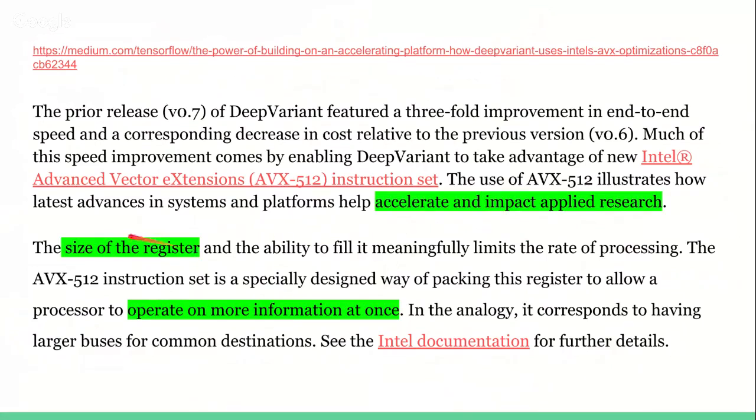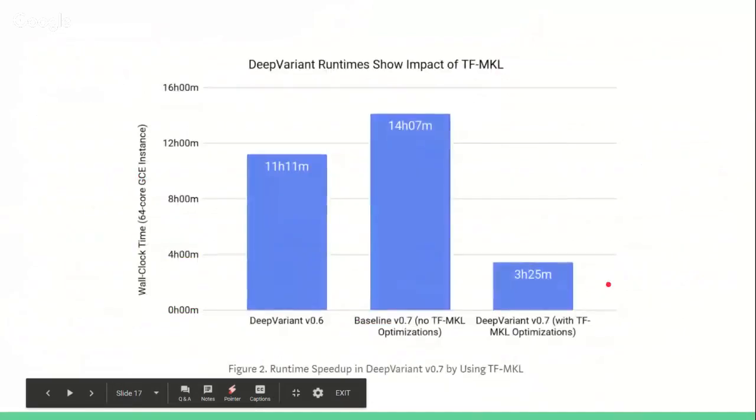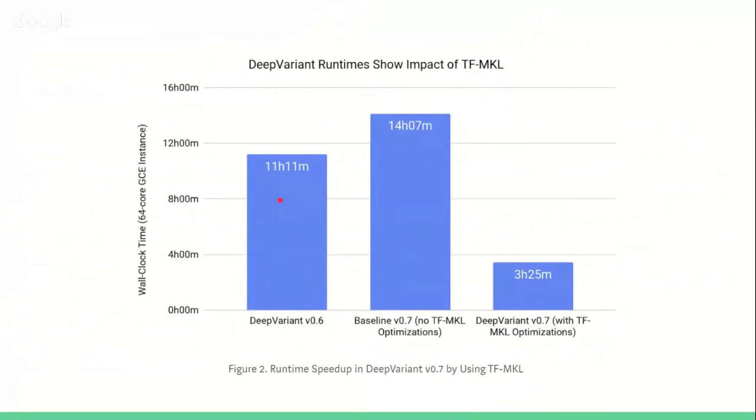They say that the size of the register is important for the acceleration, and that because of the size of the register and the way it's packed, they can operate on more information at once, right? And so they compare the speeds of the different versions of DeepVariant they've been working on, and v0.7 is actually slower than v0.6 without optimizations, but with optimizations, it is 3 to 5 times faster than the same version not optimized, and the previous version.